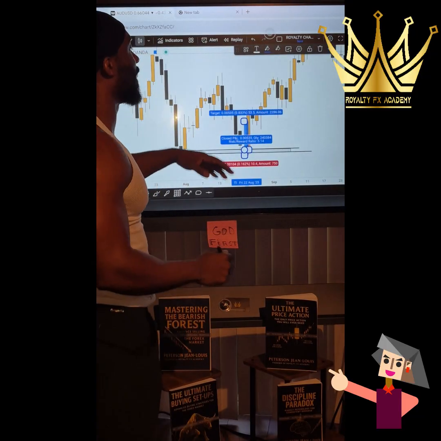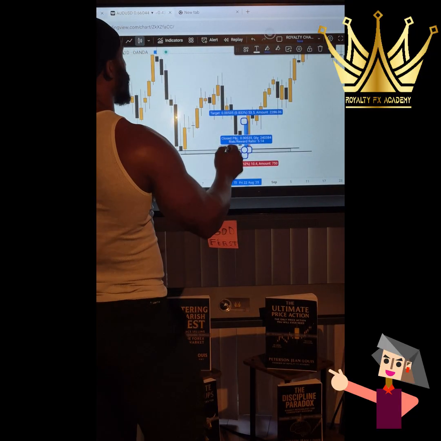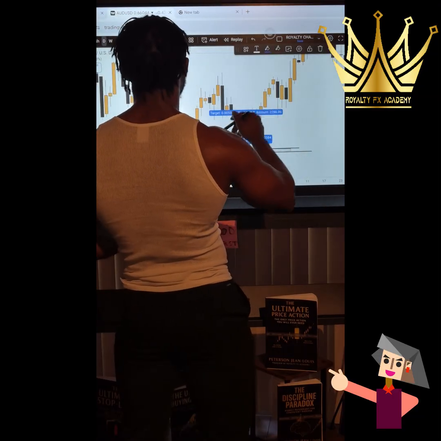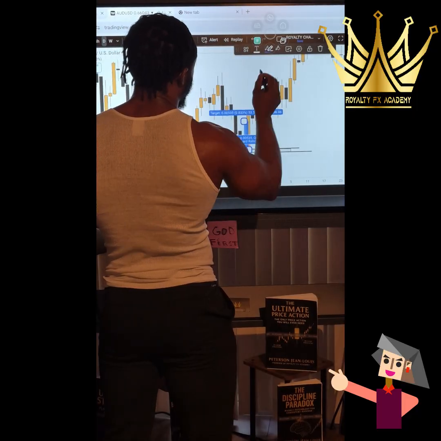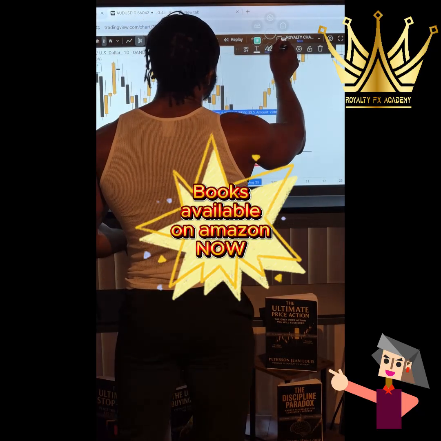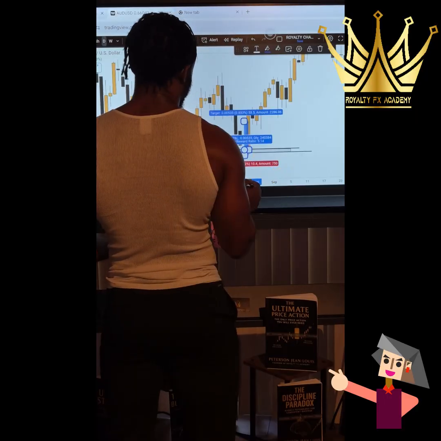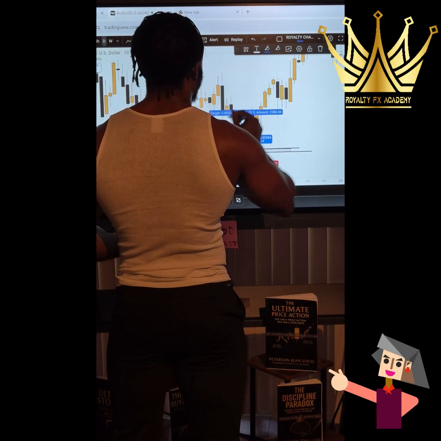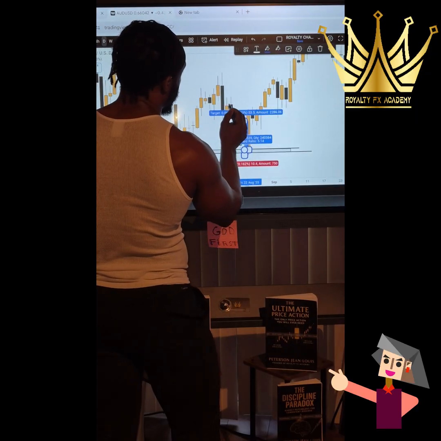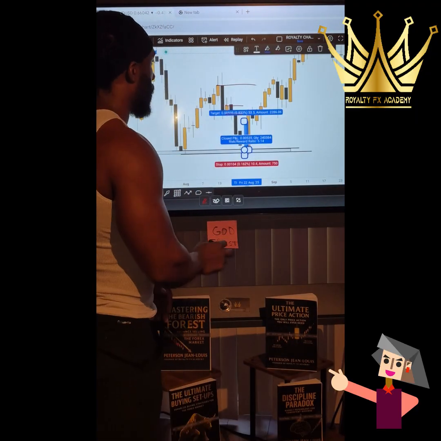Again, since this was a daily time frame setup, of course, we're targeting daily structures. So let's go ahead and do a quick little annotation real quick. We are talking about structure points here, here, and up there. Okay.